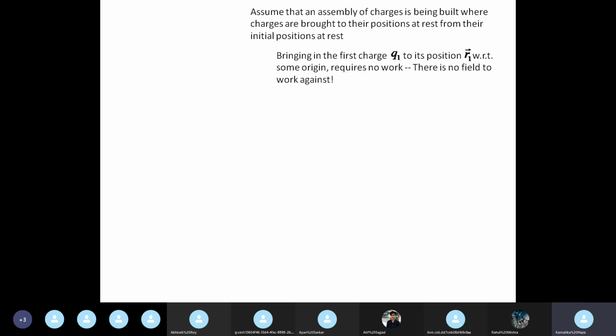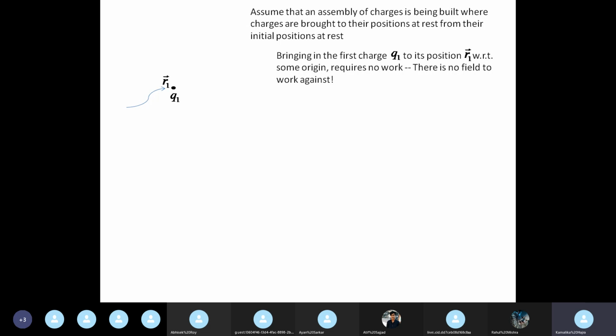Obviously you understand that bringing the first charge Q1 to its position R1, with respect to some origin we have fixed, requires no work because there is no field to work against. Before this there were no charges, it was all empty.